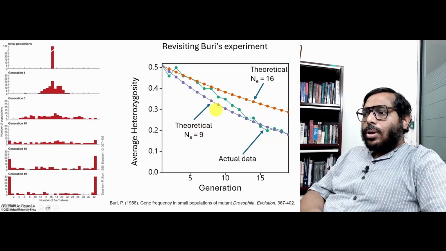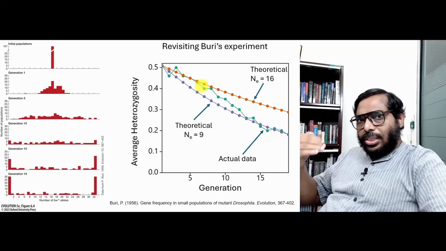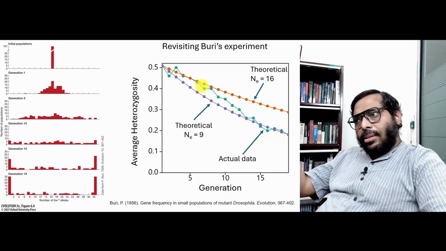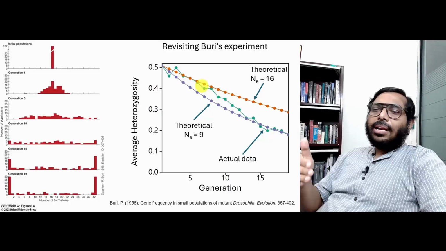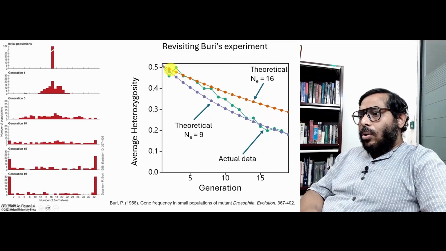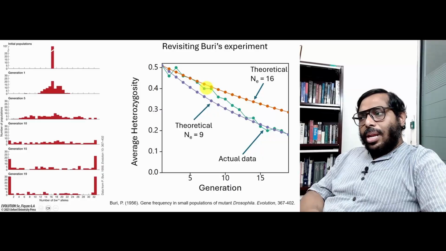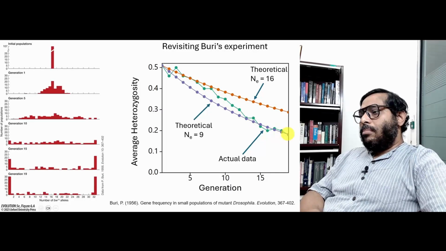And now I want to compare the green line, which is the way the heterozygosity actually went down, with the orange line and the blue line. And what do I see? Initially the reduction in heterozygosity looked similar to the Ne equal to 16 curve, but very soon it became much closer to the Ne equal to 9 line.